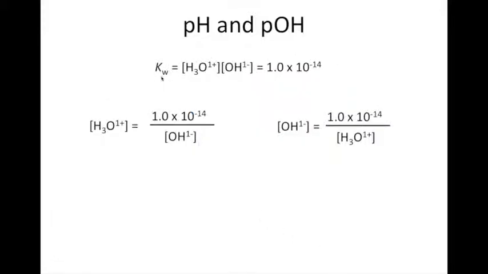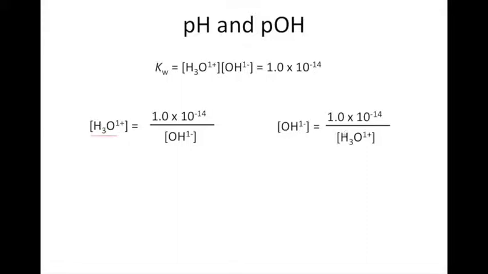So Kw, as we showed you, for water, of course, is equal to the hydronium ion concentration times hydroxide. And mathematically, Kw is equal to 1 times 10 to the minus 14. So if you know the hydroxide ion concentration in a solution and you know Kw, you could algebraically solve for hydronium.